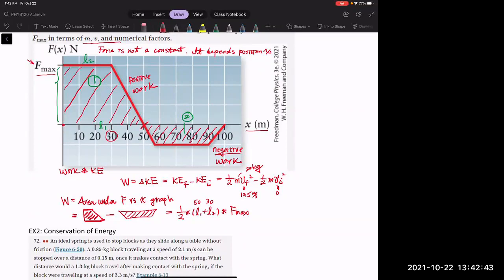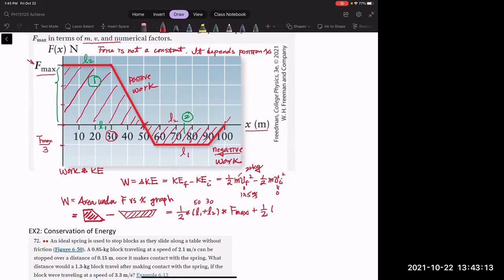Then you use the same way to find the second one. The second one is also a trapezoid. You can say this is L1, this is L2. In that case, your L1 is going to be this much. This much is 1/3 of F max, because this is 1, 2, 3, which is positive. Now you go down, this will be negative.